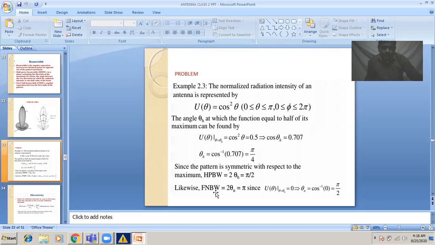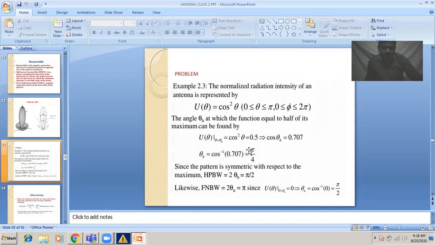And what is called FNBW? So, you know already that FNBW is approximately twice the half power beamwidth, that is, the half power beamwidth is half that of the FNBW. So likewise also you can calculate.